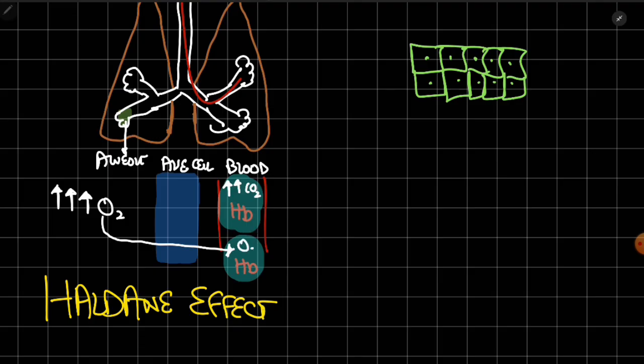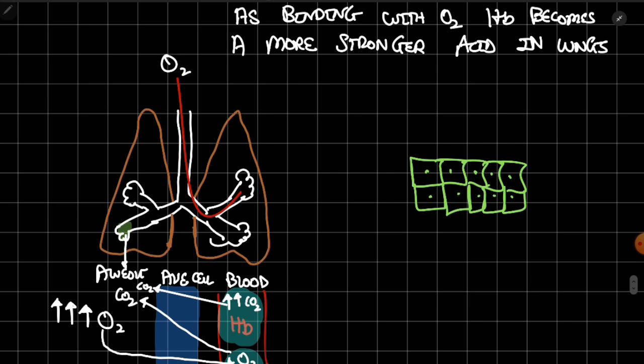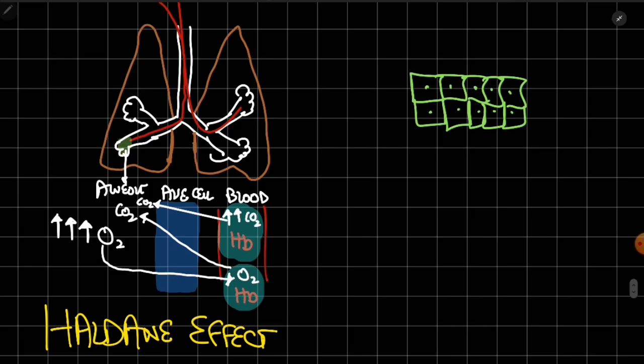Because increase in O2 concentration will make the Hb a stronger acid, and simultaneously it will release CO2 in the alveoli, and similarly from this cell CO2 will be released. And where will the CO2 go? Yes, the CO2 will directly go from this structure out to the atmosphere. This is Haldane effect. Haldane effect is beneficial in expiration of CO2.